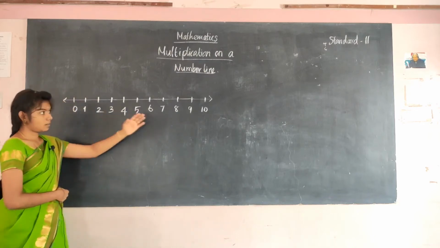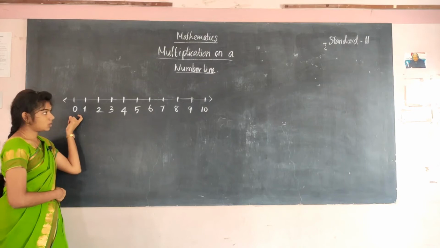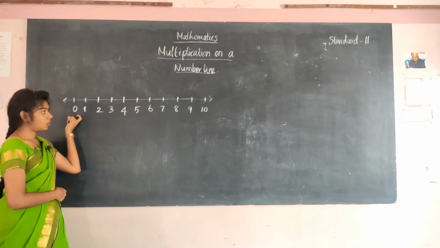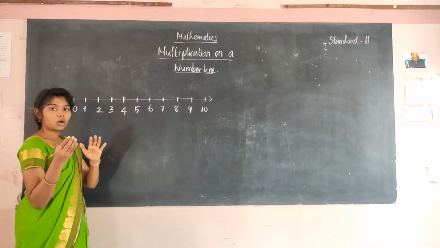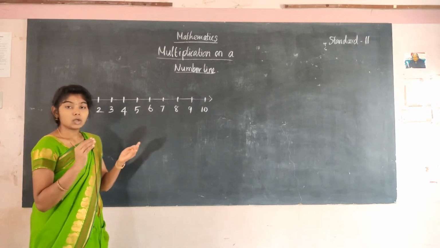Here is a number line. It starts from 0, and the number sequence is written like this. We saw the conversation between Riya and her mother.